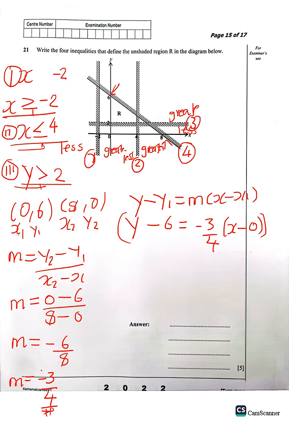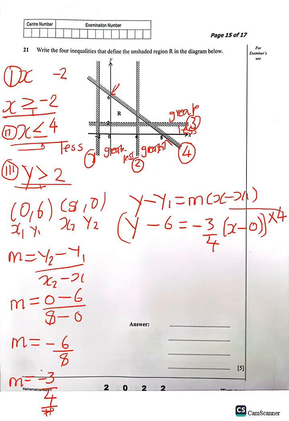First you can expand by negative 3 over 4 times x and also times negative 0, or you can first get rid of the fraction. One way of simplifying this is to first get rid of the fraction. So you multiply by the denominator of that fraction, in our case 4.